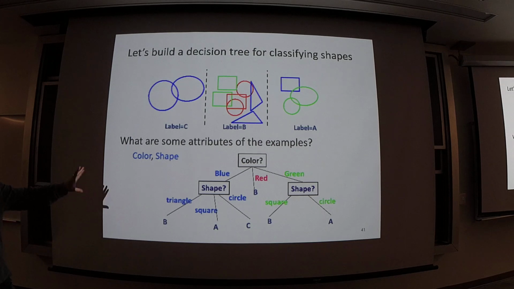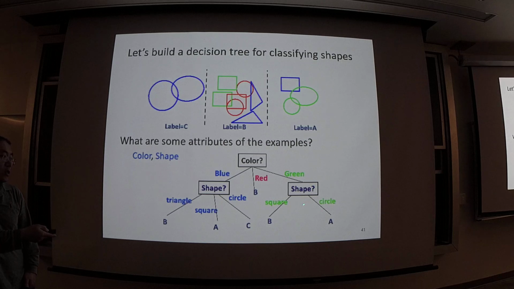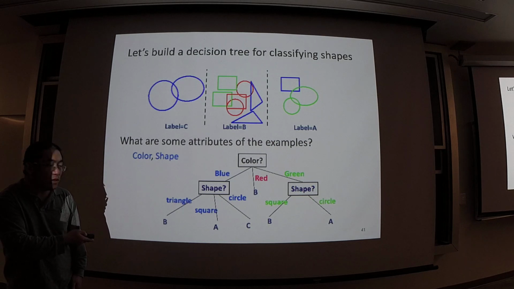But I also mentioned an embarrassing case. For this tree we created manually, when we present, say, a green triangle, what's the problem? It doesn't have a rule; we cannot predict it. Why? Because for green, and then the shape, we find there's no branch for the shape to take triangle.